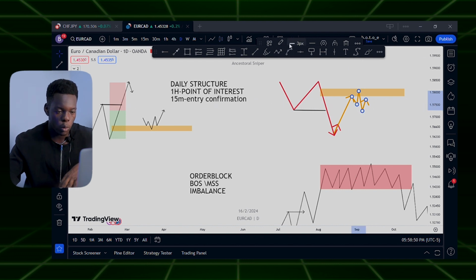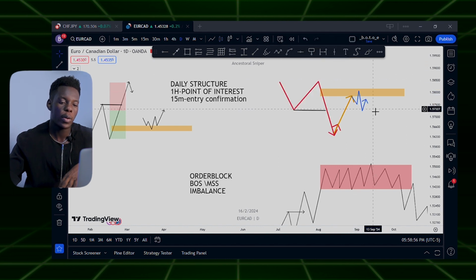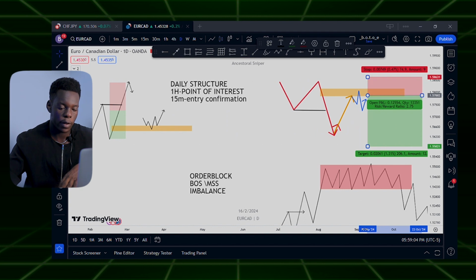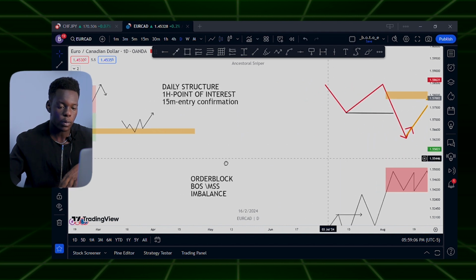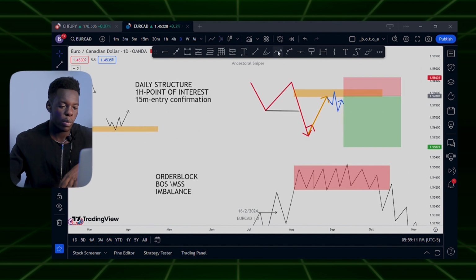So we use blue and reduce the font on this. I want price to form this kind of pattern. Then I will take my sell on this exact level with my stop loss at that level right over there. So we will be able to take the sell to the downside.